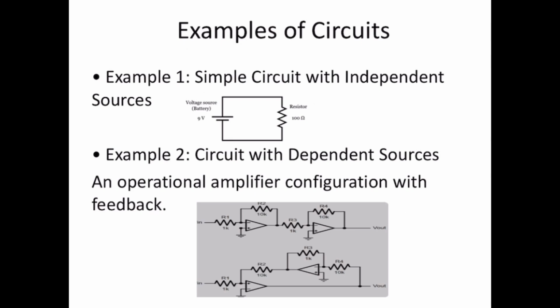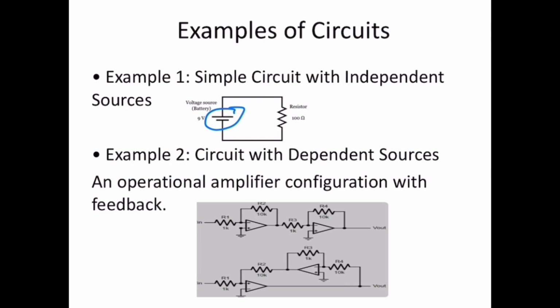And we have some simple examples. This is a circuit with an independent source, a battery driven circuit. This is a dependent source, an op-amp configuration with feedback. It is an example of a dependent source where the input current is regulated by the output of the circuit. A BJT or an op-amp can be considered as a voltage controlled device and a current controlled device.